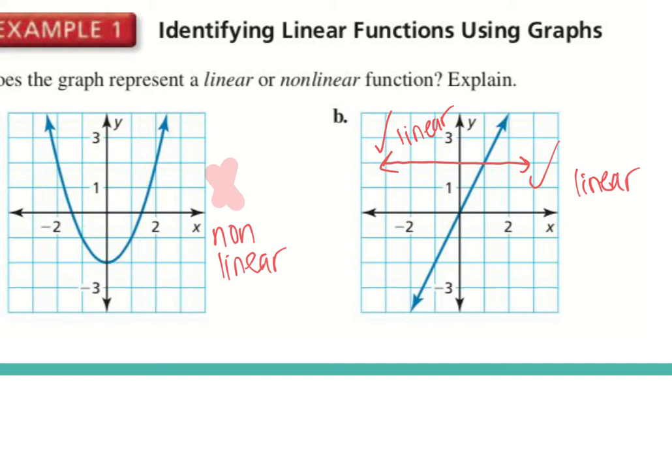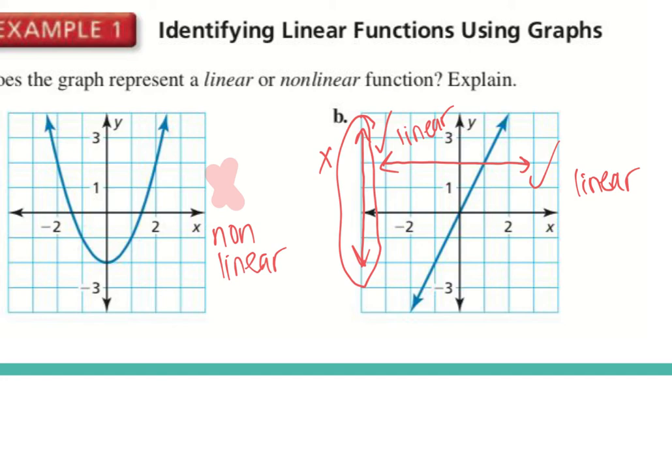So the only straight line that doesn't work as a linear function is the straight line that is vertical. Please draw this one on your paper, circle it, and put an X next to it. That is the only straight line that is not a linear function because it's not even a function. It doesn't pass the vertical line test.